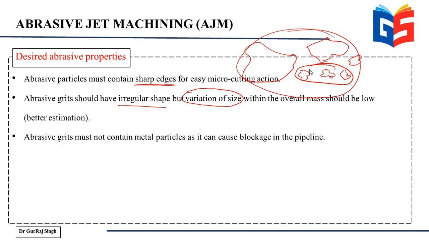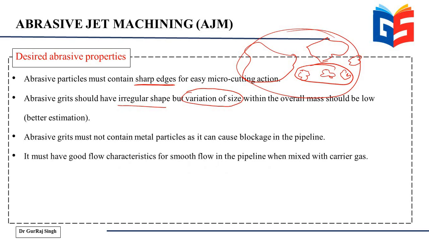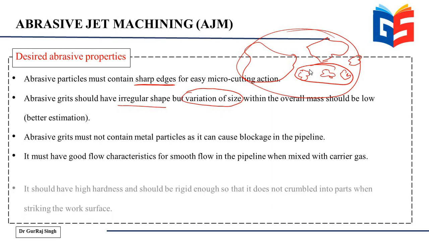Then these abrasive grits must not contain metal particles, because they can block the pipeline through which you are supplying all the mixture to the nozzle. So it should not have any metal particles. Then it should have good flow characteristics. So obviously you're making your abrasives flow through thin pipelines at high pressure, so they should have good flow characteristics.